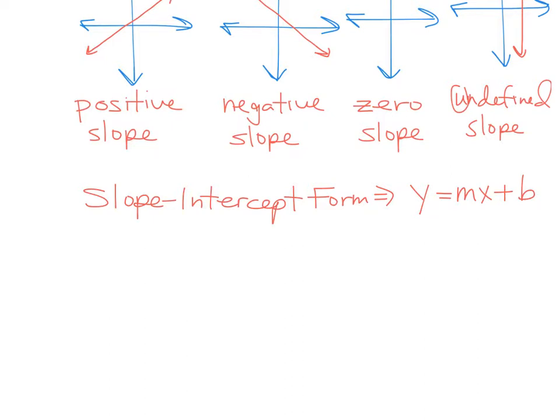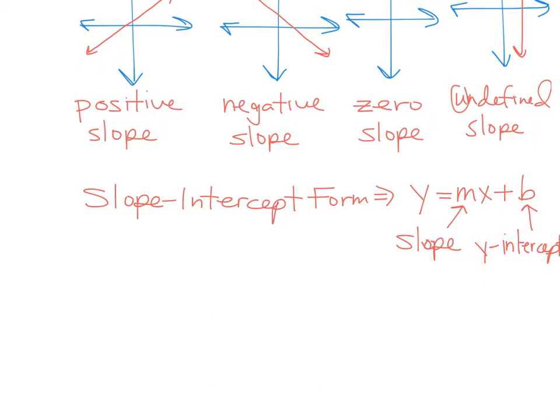So in this form, the m is always your slope of your line. And then the b is what you were talking about earlier, Daniel, the y-intercept. Sorry, I kind of ran out of room there. Can you tell that's y-intercept? So y equals mx plus b, we're going to do a lot with a slope and a y-intercept.